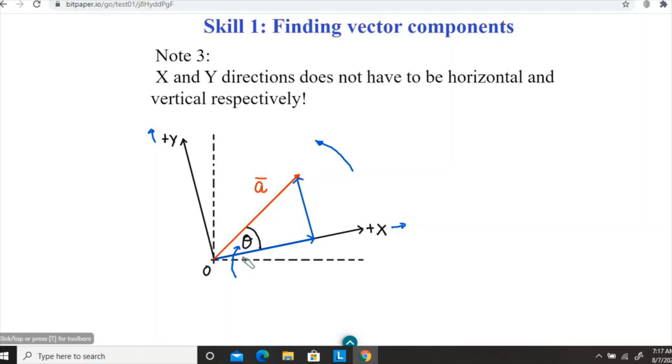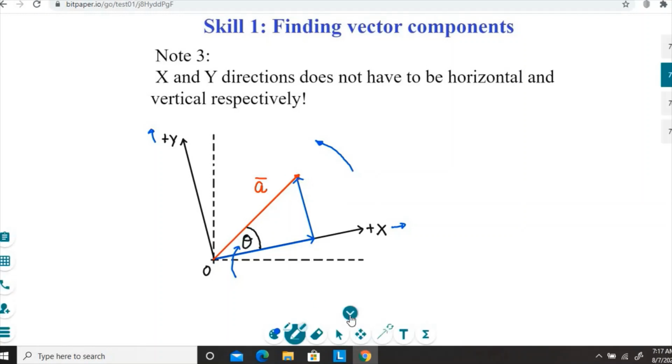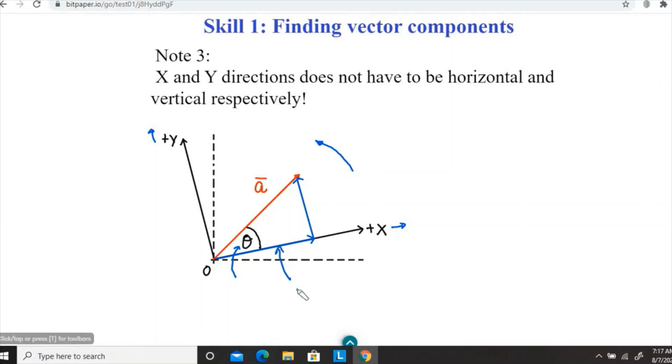So if you recall, I am pretty much applying the head to tail method to construct this A vector. So the components, then I am going to label them, this one as AX component, and this one, since it is parallel to the y-axis, I'll call it the AY vector component. Okay, and always remember the vector sum of AX vector and the AY vector will always equal this original vector.